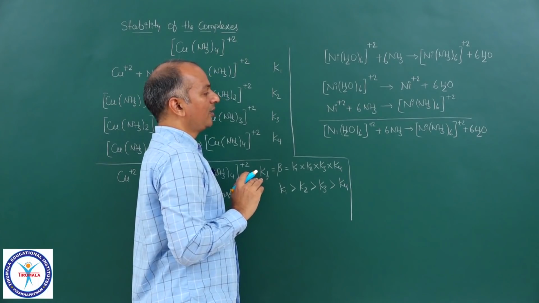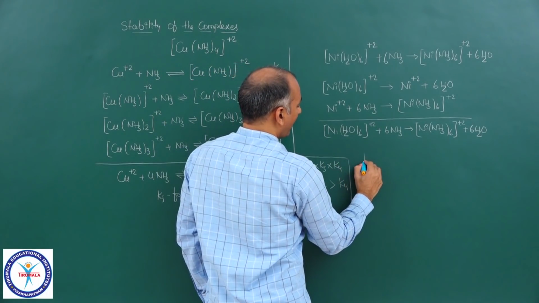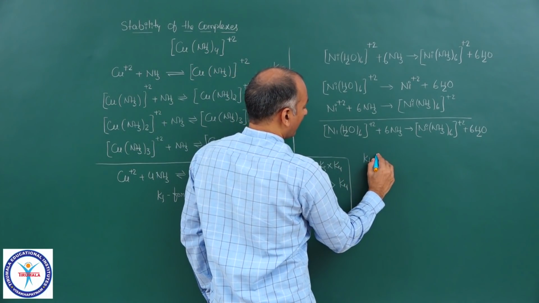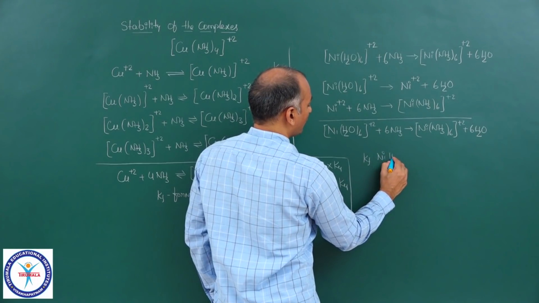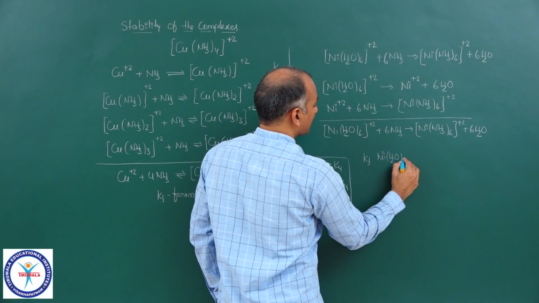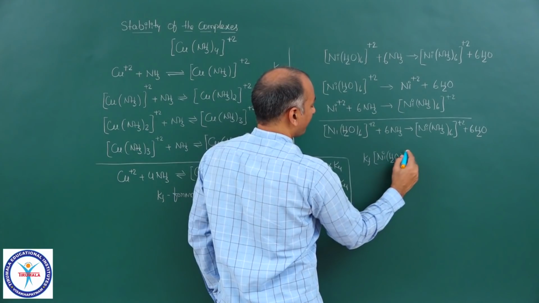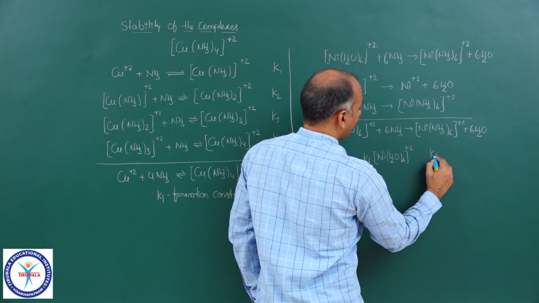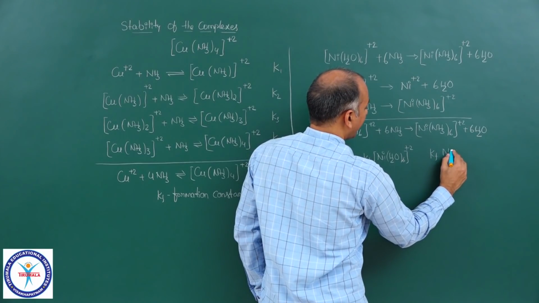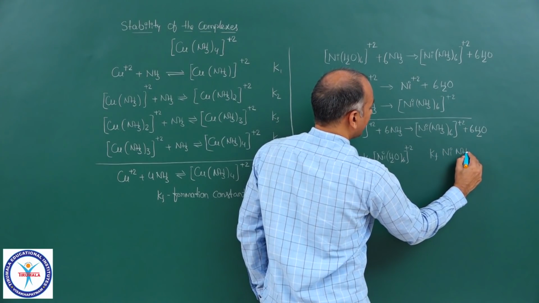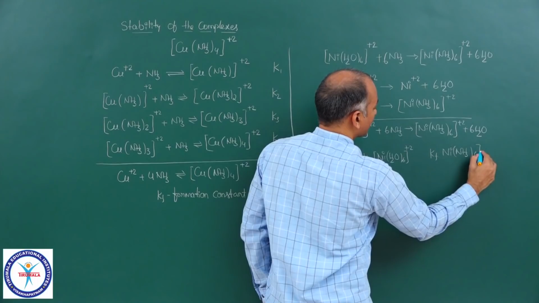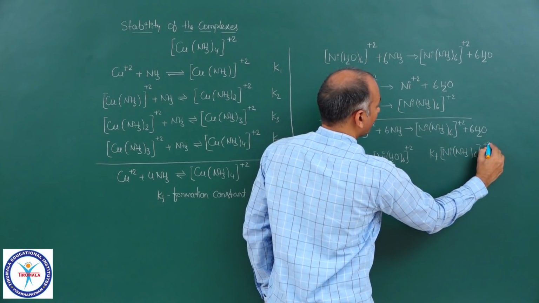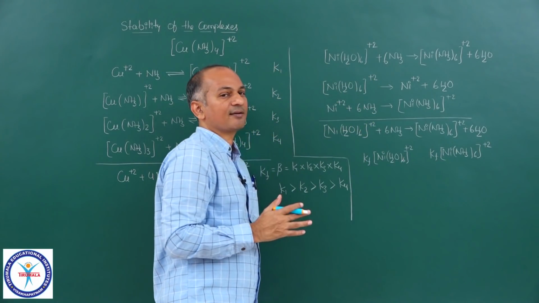Now for example, Kf of Ni H2O taken 6 times plus 2. And on the other hand, if you take Kf of Ni NH3 taken 6 times plus 2. Now all of you, can you guess which will be greater?